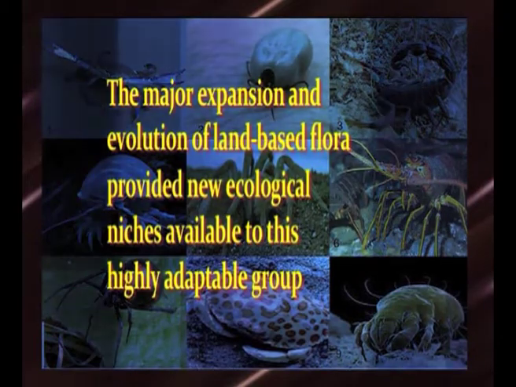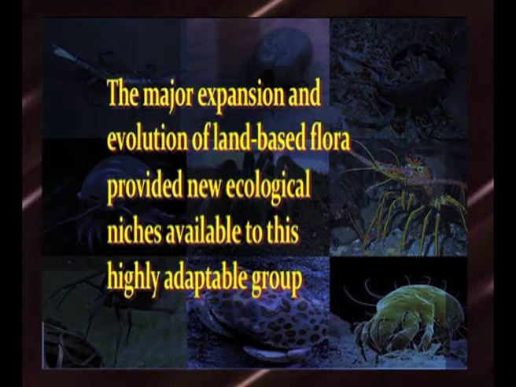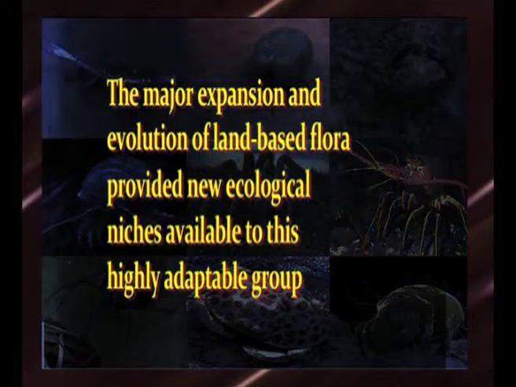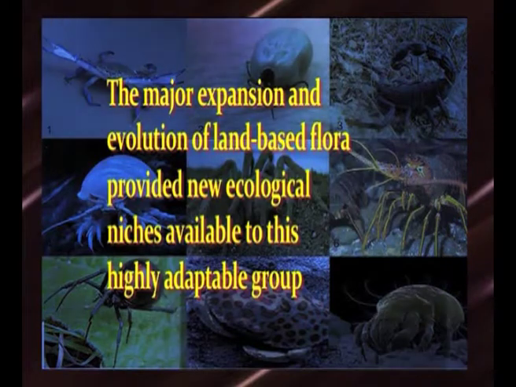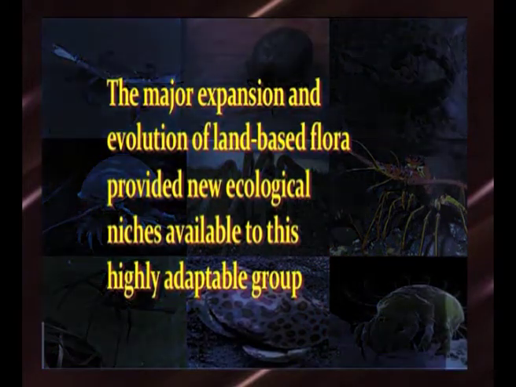and centipedes. In earliest Carboniferous times, the major expansion and evolution of land-based flora provided new ecological niches available to this highly adaptable group. The advent of insects and the development of flight led to the colonization of an entirely new ecospace.